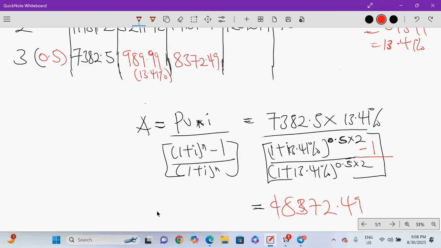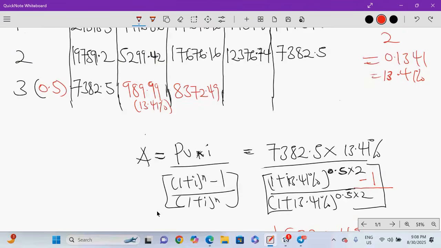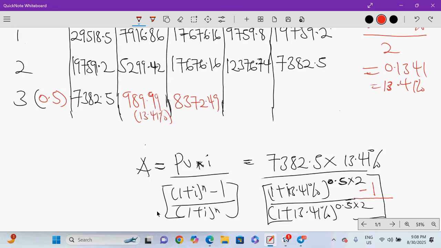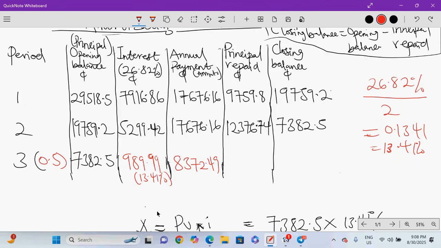Okay, so this is our, what's the name? That is our annual payment for the third period. So now, what will be our principal repaid?